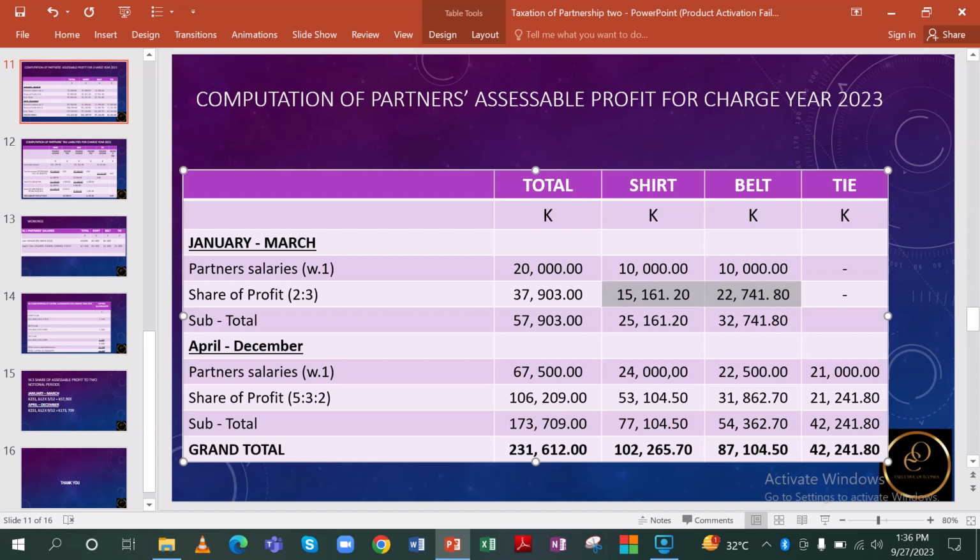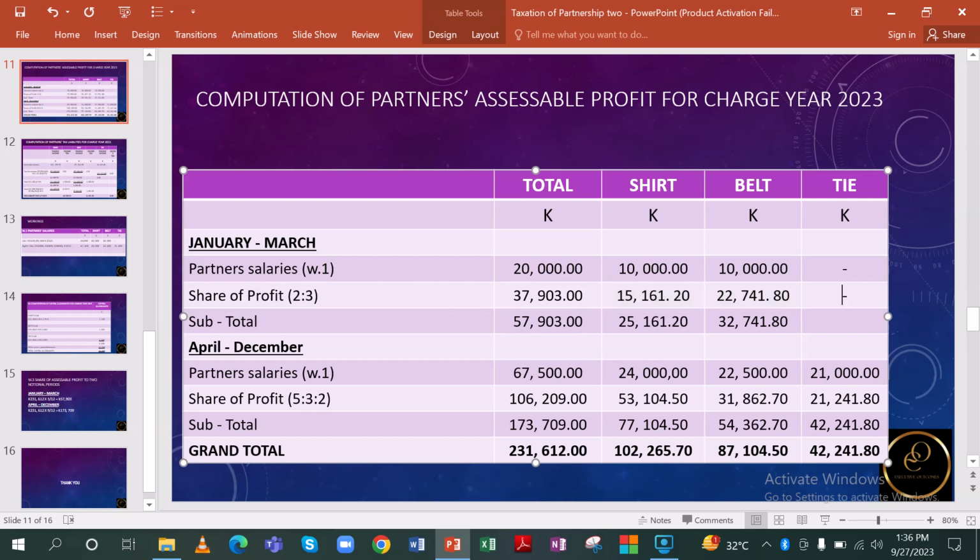So now we do the totals vertically. So you get 10,000 under Shed, add 15,161 kwacha 20 ngwe. You are going to get a subtotal of 25,161 kwacha 20 ngwe, being what Shed received in the first notional period running from January to March.